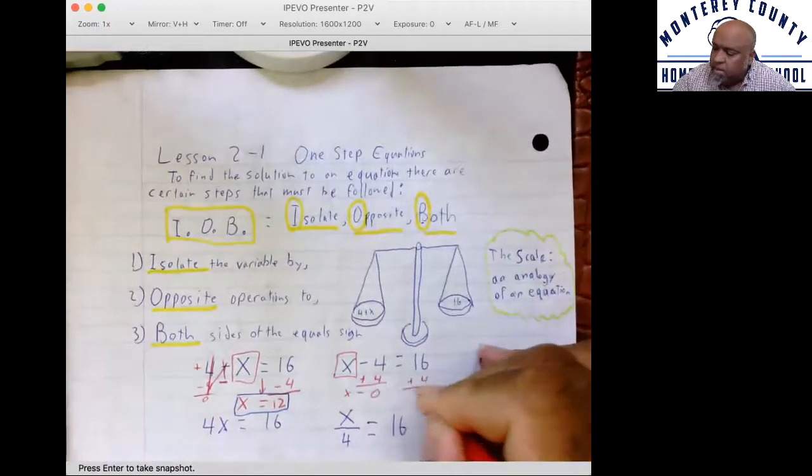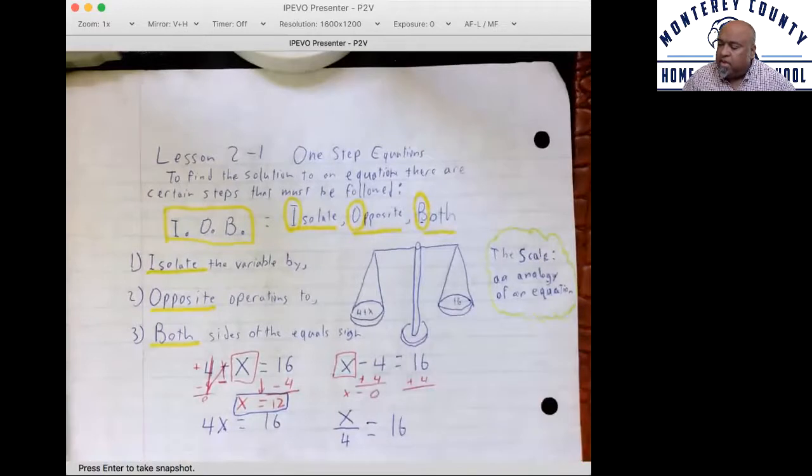Now, a lot of people mess up here because they think, oh, this said subtract, so I add, and then they get over here and they accidentally subtract because they're thinking of the first type. So make sure that whatever opposite operation you do on the left side, you do the same operation on the right side.